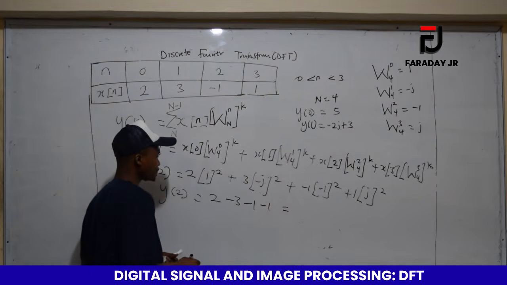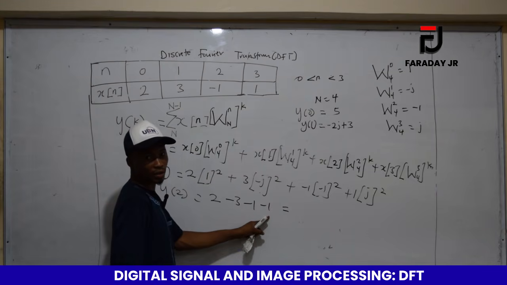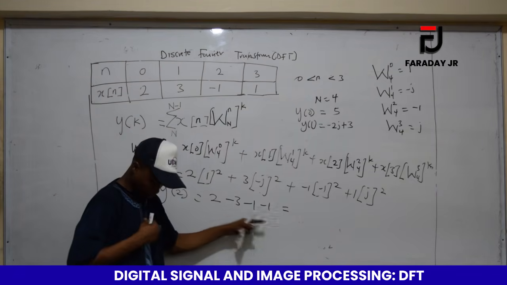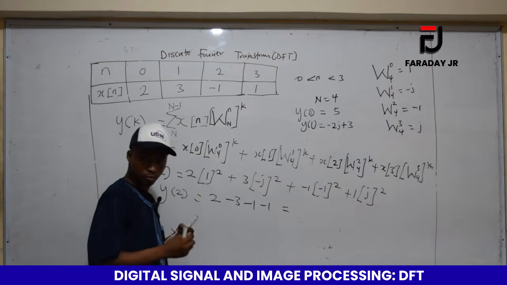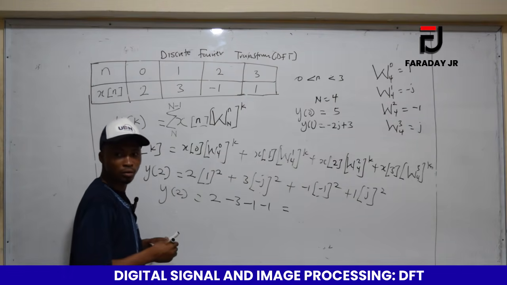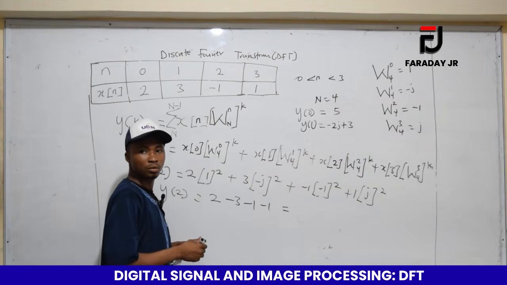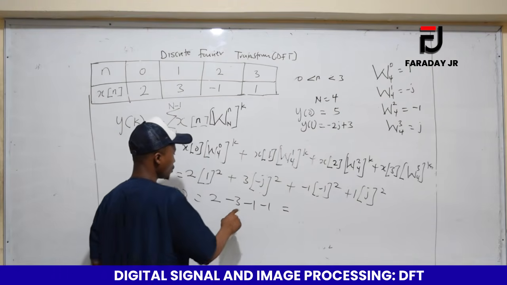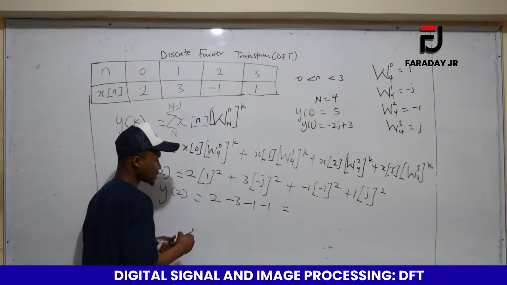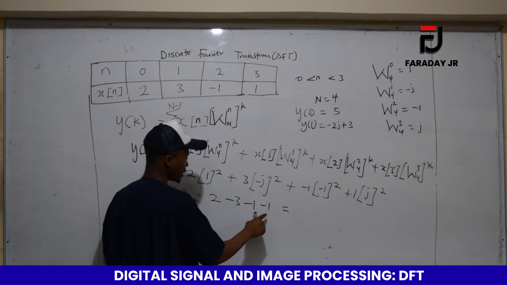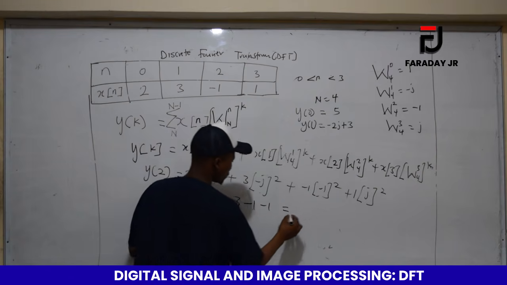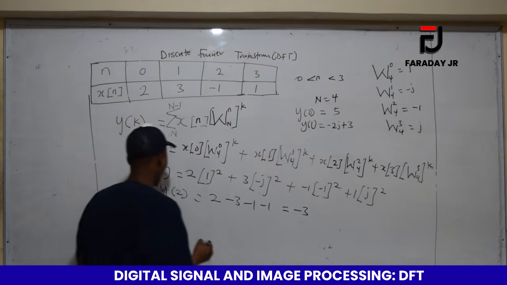So we have minus 1. So we had minus 3. So we have minus 3 for y of 2.